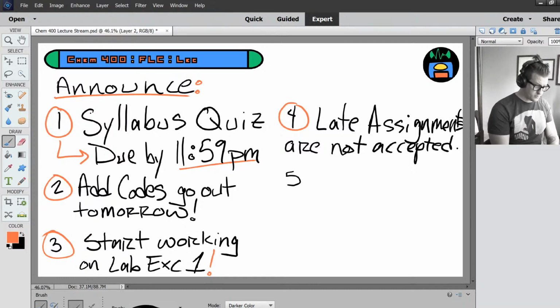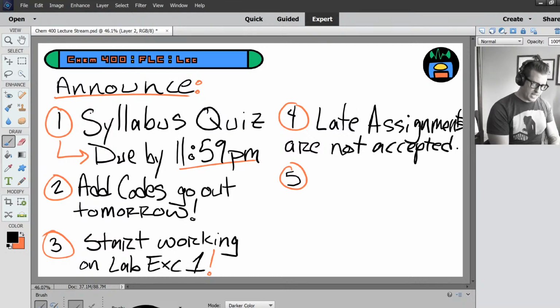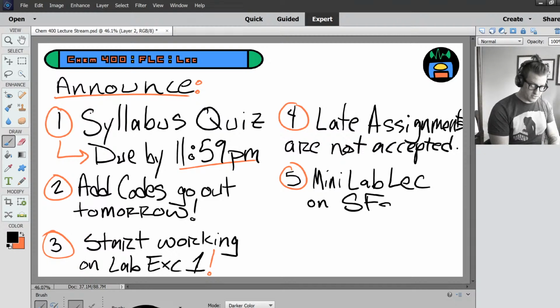Finally, number 5, tonight in lab, it's going to be open office hours, but I'm going to begin with a mini lab lecture on significant figures, or San Francisco's, depending upon how you interpret that abbreviation.